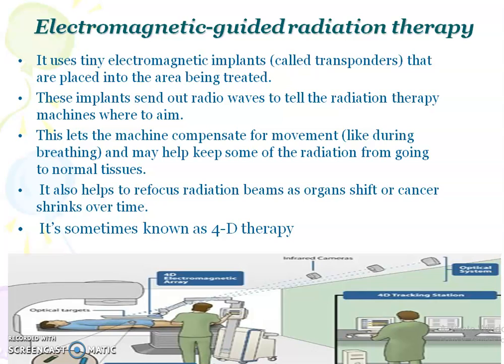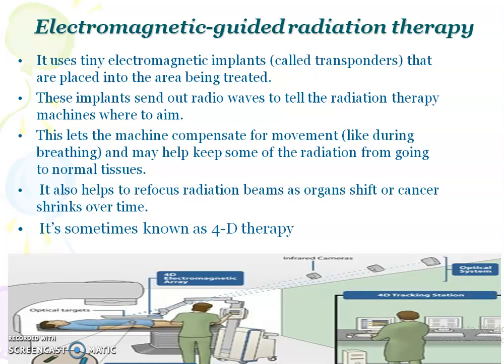So even if there is movement, the machine can identify and aim at the transponders, and it may help to keep some of the radiation from going to the normal tissues. It also helps to refocus the radiation beams as organs shift or cancer shrinks over time.